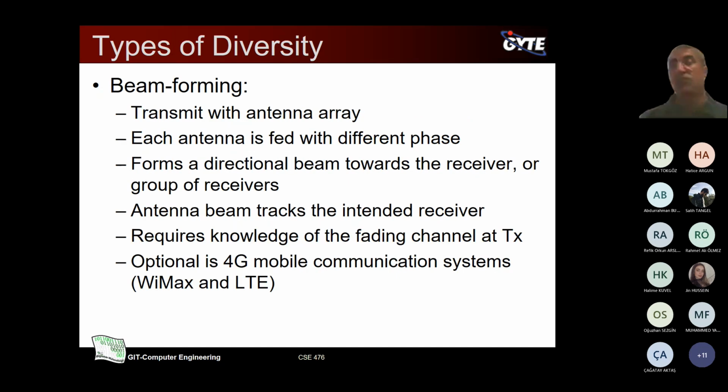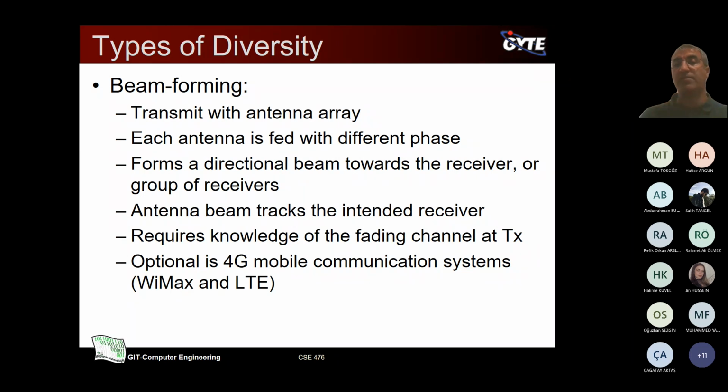Another type of diversity is called beamforming. So transmit with an antenna array. We have multiple antennas at the transmitter. We can steer this beam electronically to create a different form of beam. Each antenna in this array is fed with a different phase.